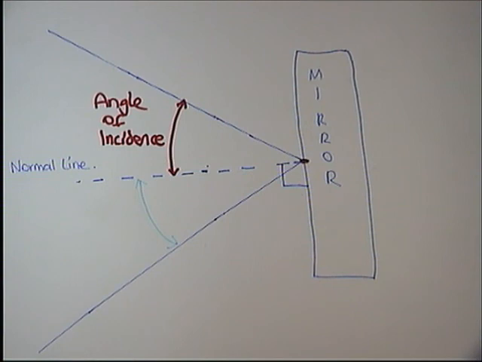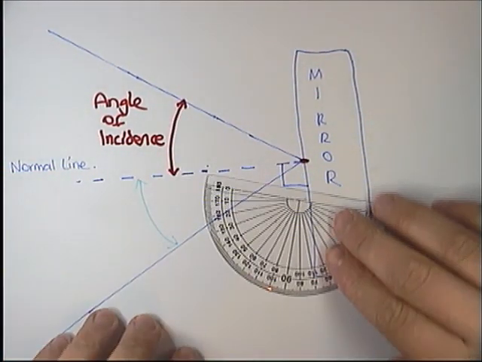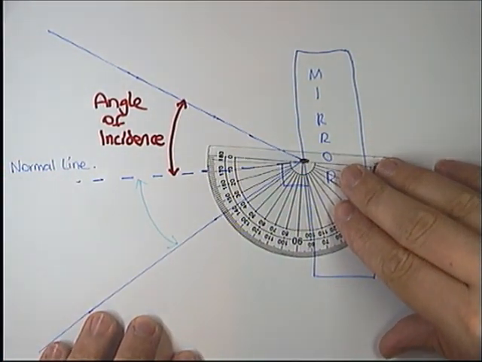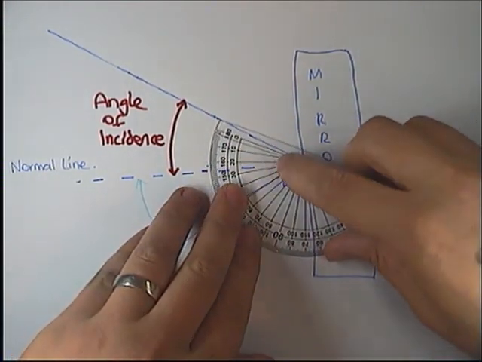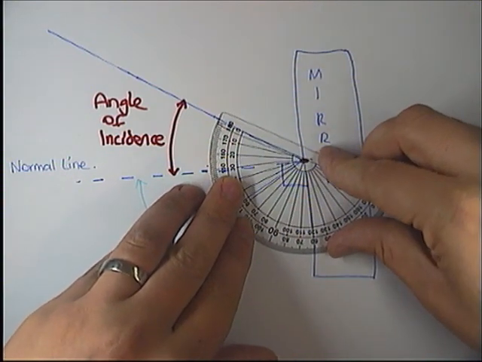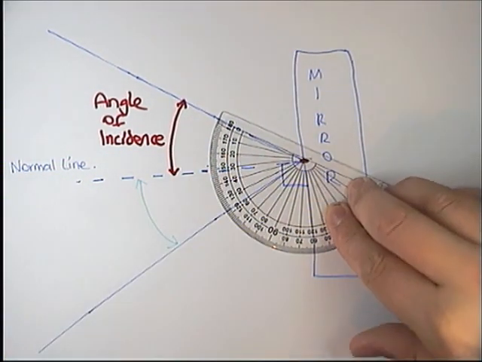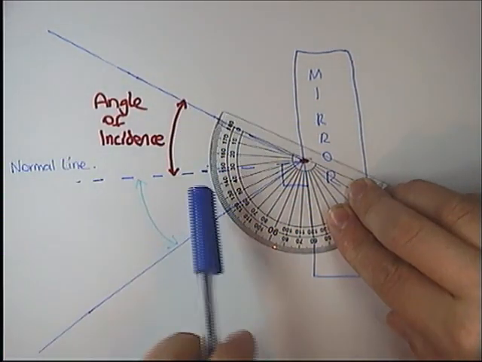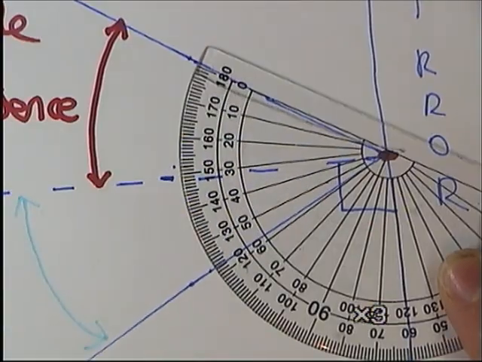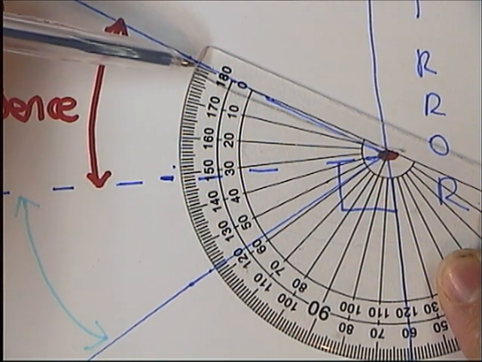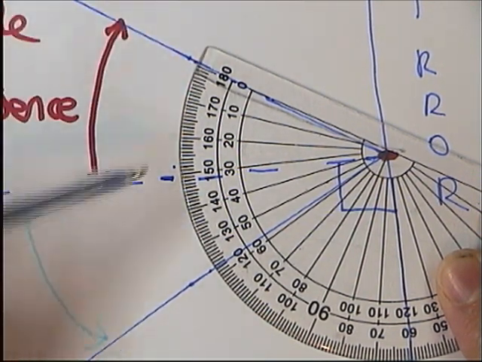So the first thing you have to do is measure your angle of incidence. We get our protractor, we put the cross where the ray of light hits the mirror, and I'm going to use the inside part of the protractor for this. We put the 0 on where the incoming ray of light is, and then I measure round to my normal line.